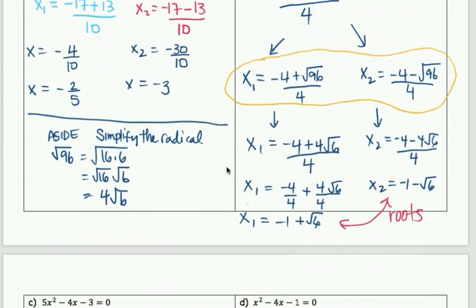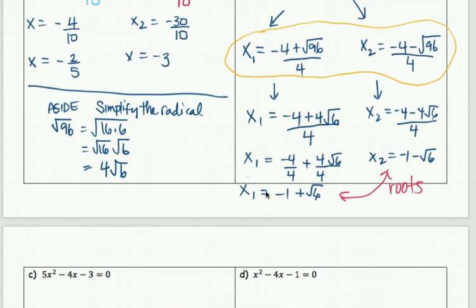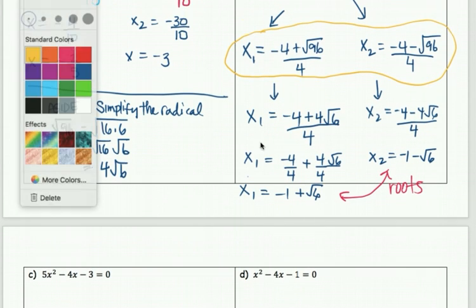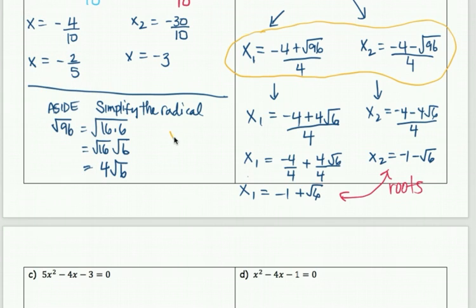All right, and then from there, if you wanted to double check that you got the right answer, you could go through and square root 6. So the square root of 6 here is 2.45. Again, it's non-terminating.